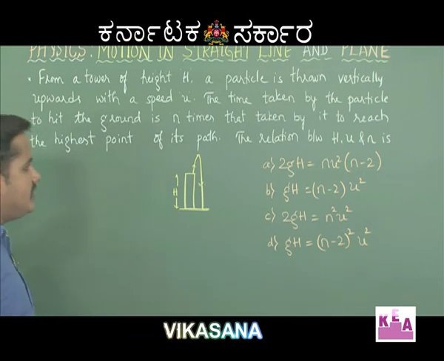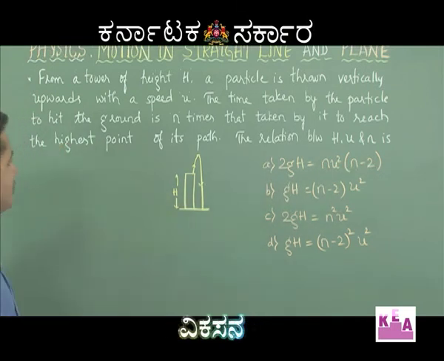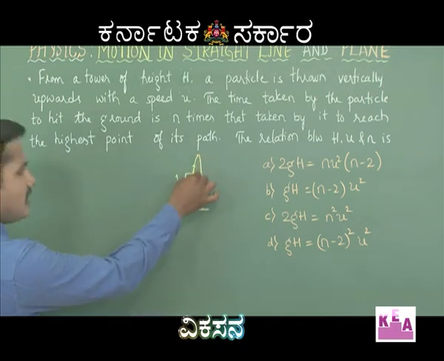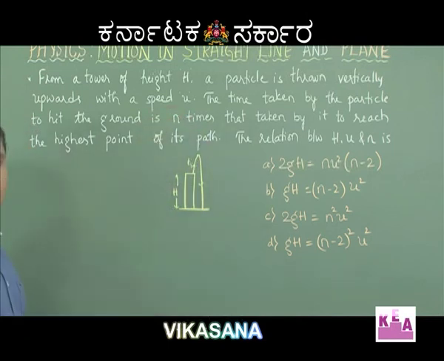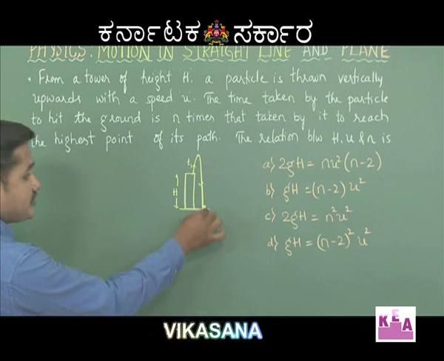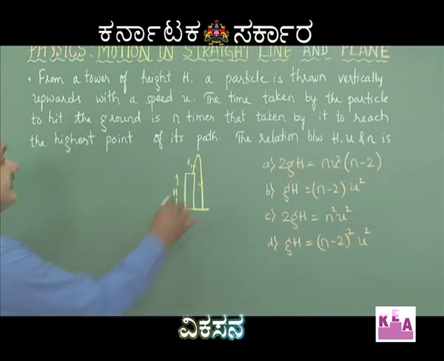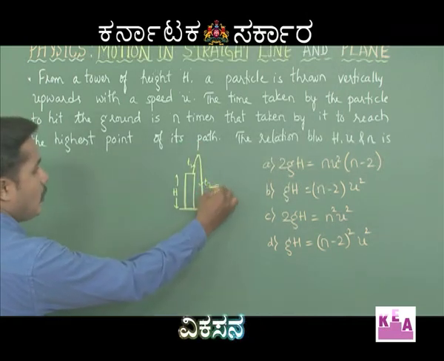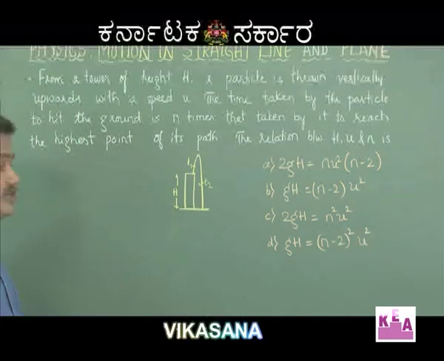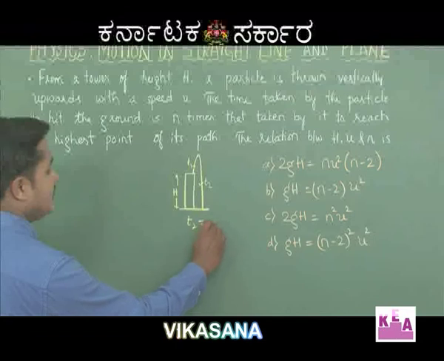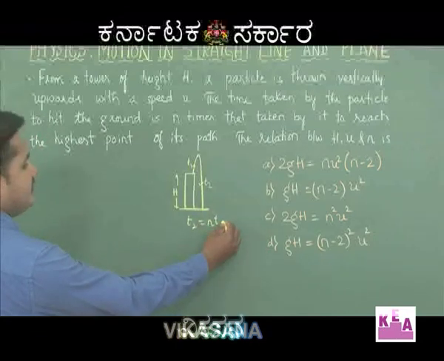According to the given conditions, the time taken by the ball to reach its peak, let me call this time t1, from here to peak, and the other time is the time taken by the ball to reach the ground. Let me call it t2. t2 is for the whole journey, remember, for the complete journey. According to the given condition, t2 is n times t1. This is the condition given.